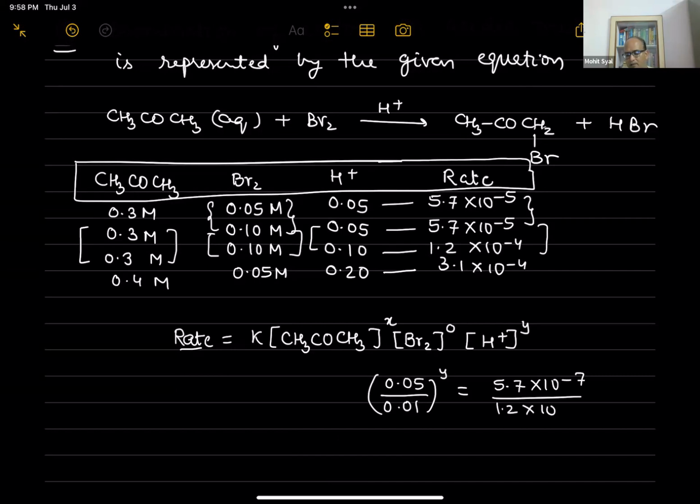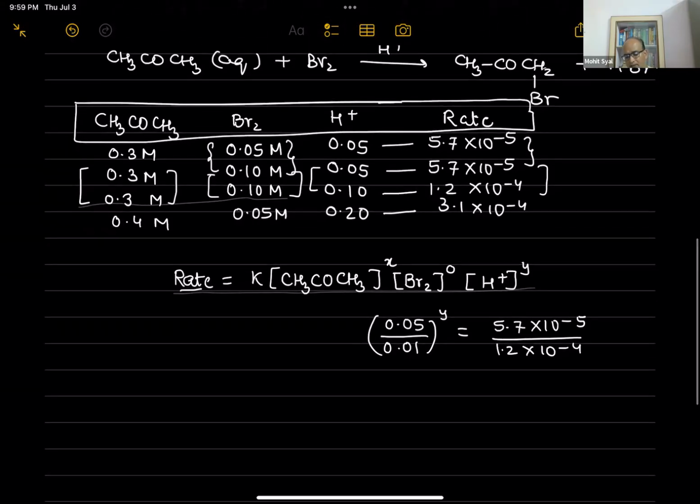1.2 into 10 to the power minus 4, and 5.7 into 10 to the power minus 5. So this is 0.1, not 0.10. So this is 2 times.